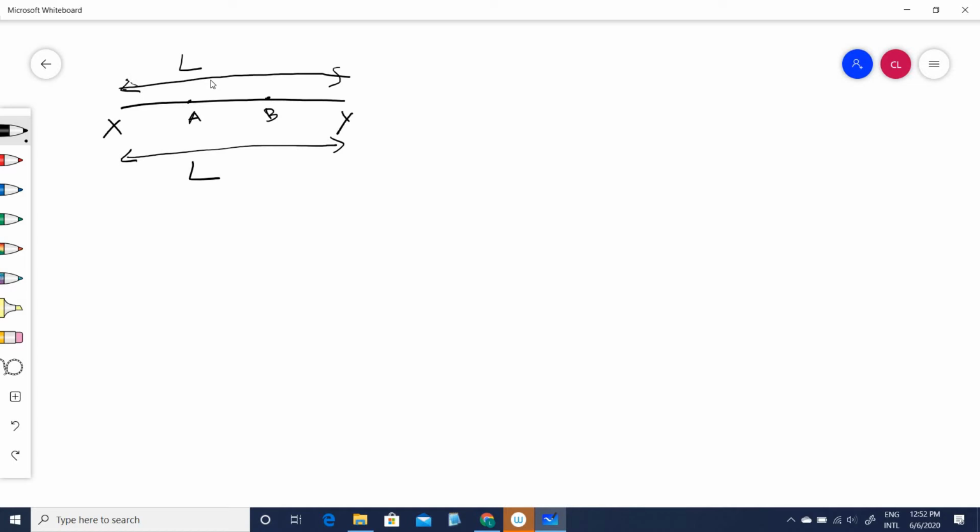Now when we choose points at random like this, again the condition is that the three segments ultimately formed should form a triangle, which means we still have the condition that segment 1 plus segment 2 has to be greater than segment 3 for any two segments that we choose.